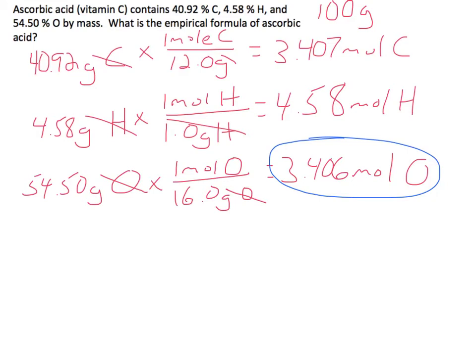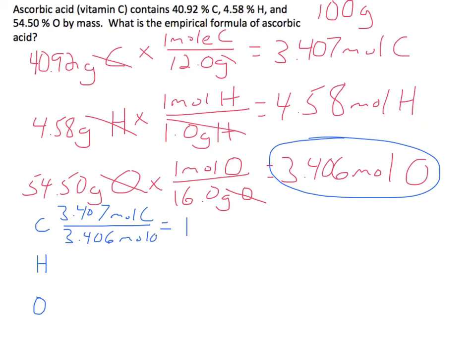And so if we do that, and we write out that we have carbon, hydrogen, and oxygen: carbon, which is 3.407 moles, divided by 3.406 moles of oxygen, is basically equal to 1.